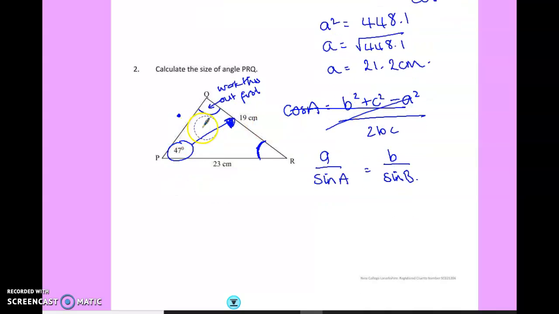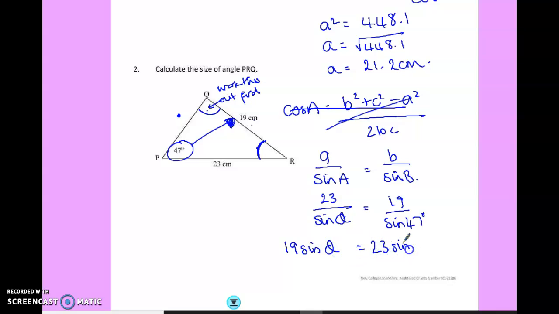Okay, so start with the one I want to find. So I want to find this one here. So 23 over sine Q is 19 over sine 47. Cross multiplying will give me 19 sine Q is equal to 23 sine 47. Take my 19 over. Sine Q is 23 sine 47 divided by 19.